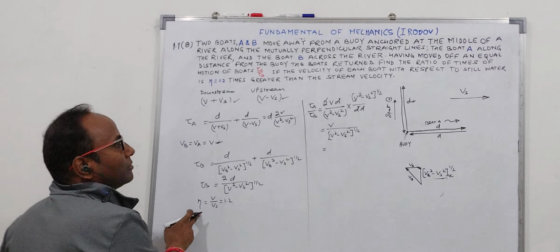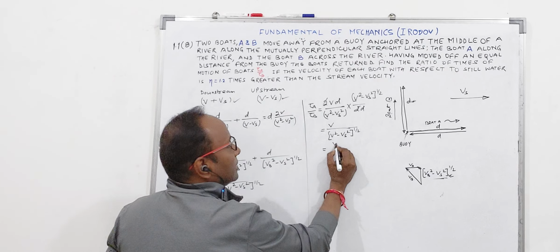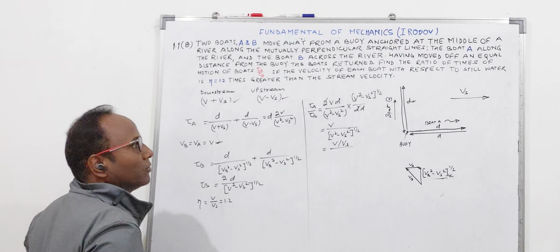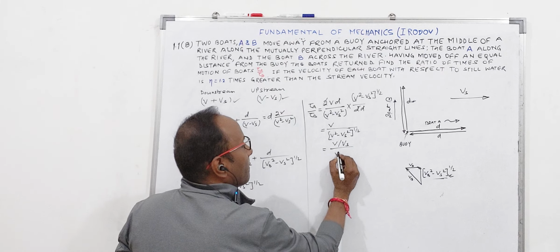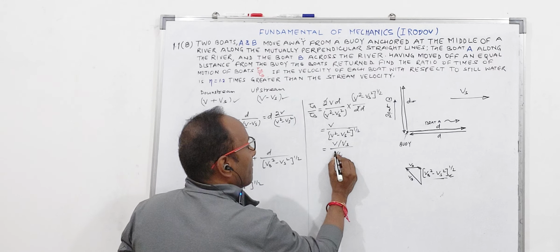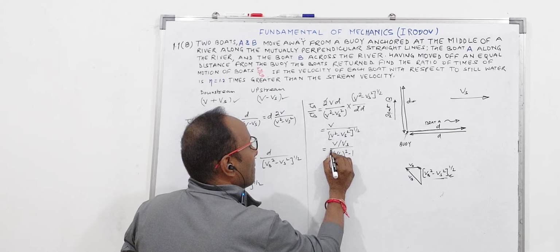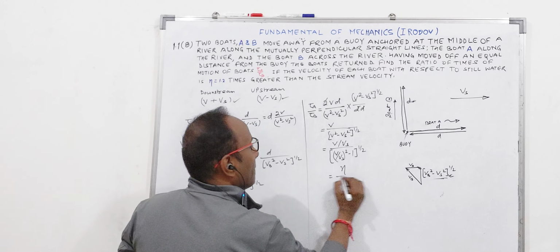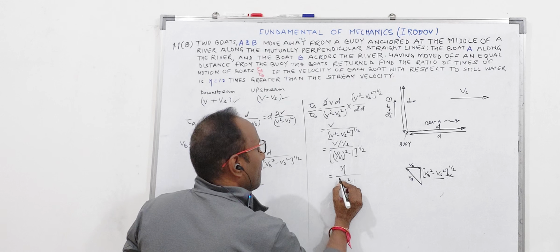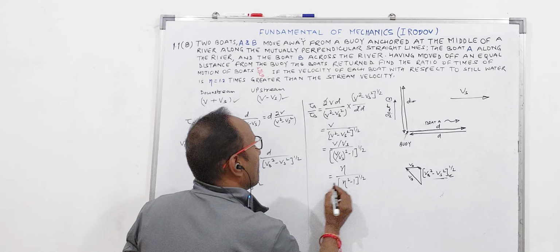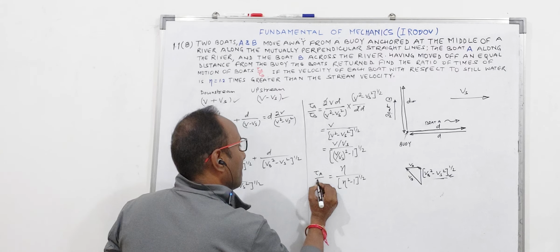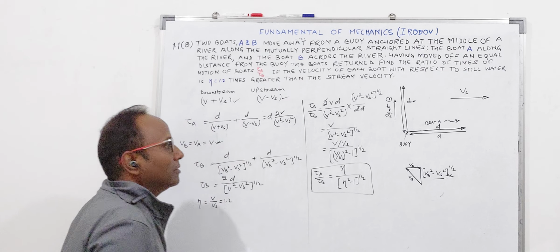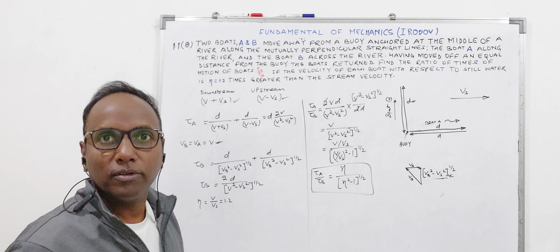So to express in terms of n, because that is the only known quantity in this, this will be the answer. You can put the value of n and you can calculate.